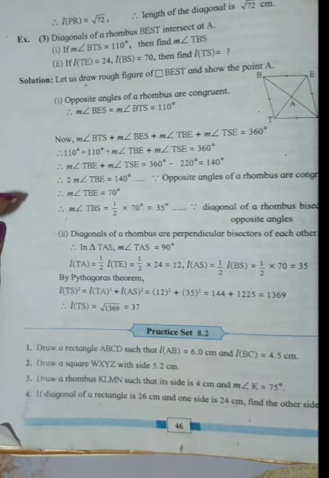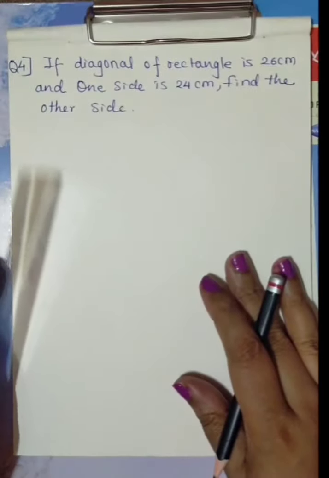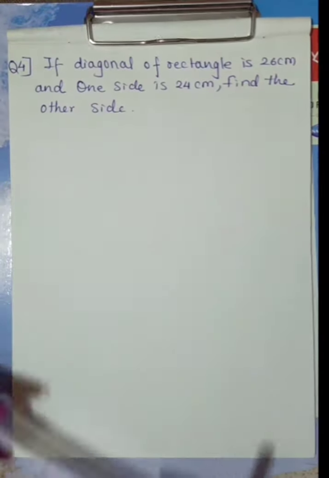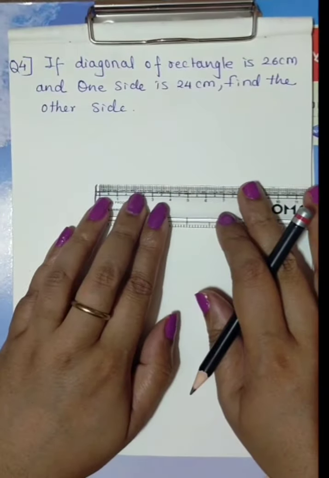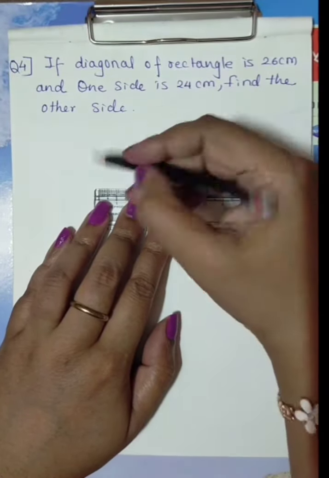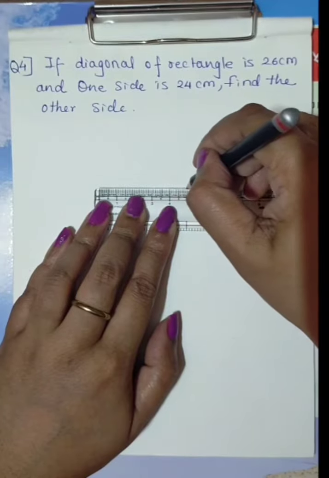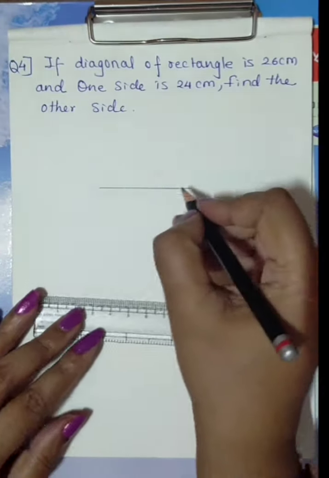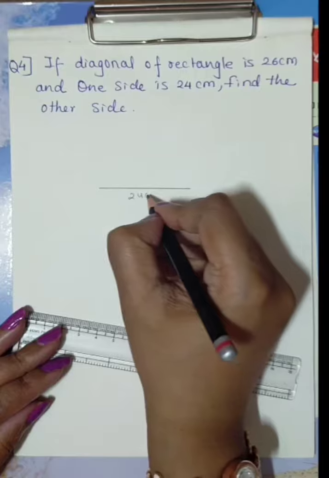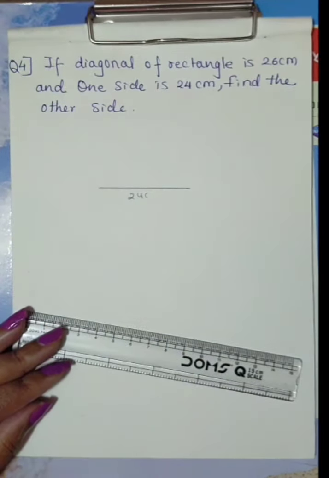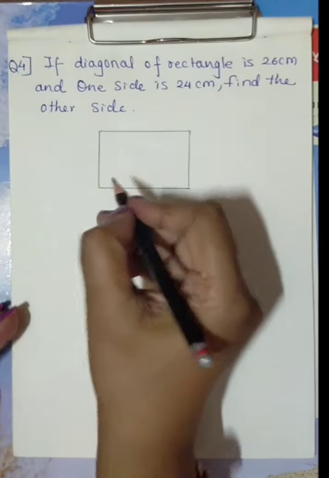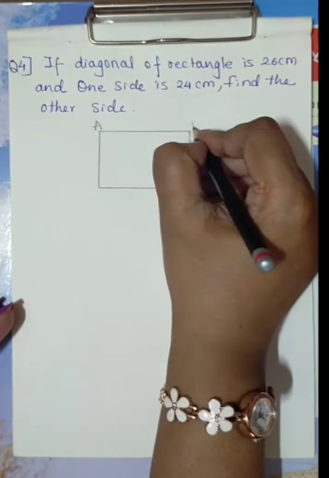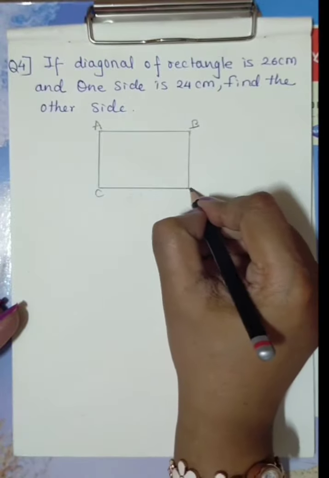Okay, now we are going to solve this. Now here, for the rectangle, we have to draw the sides that are given. 24 is given, so I'm taking here as 5 centimeter. Okay, this is our 24 cent. I have drawn a rectangle with the name given ABCD.